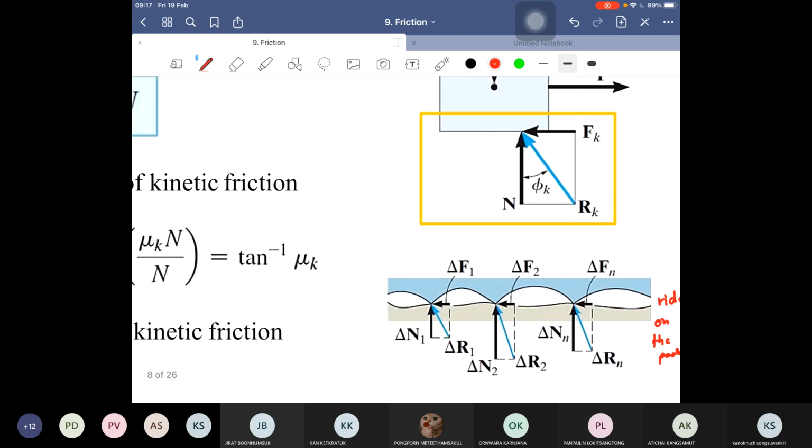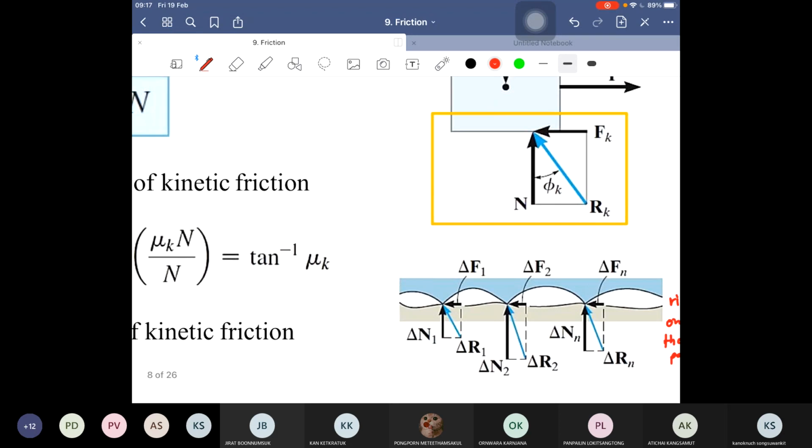That's why it makes Fk become smaller than Fs. Because when you place this box on the floor and make it stay still, the contacting surface is larger than when you move this box. Okay, so Fk is smaller than Fs.